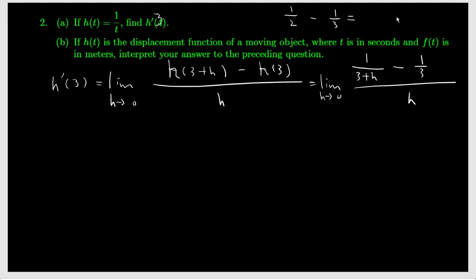How do you subtract 1/3 from 1/2? You convert two fractions to two fractions with a common denominator. In this case, the common denominator is 6, right? 1/2 is the same thing as 3 over 6. 1/3 is the same thing as 2 over 6, right?